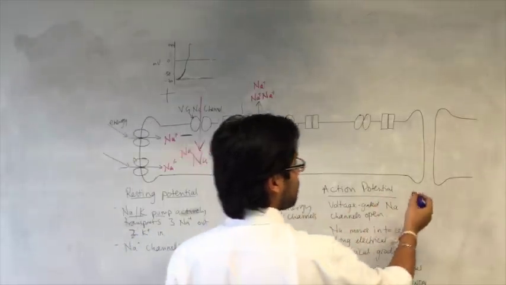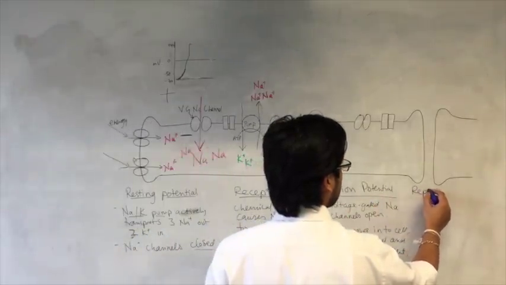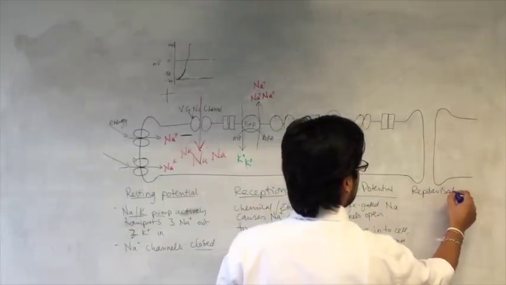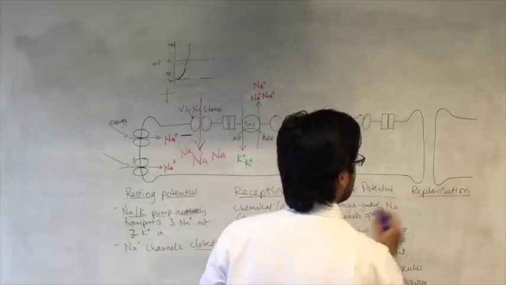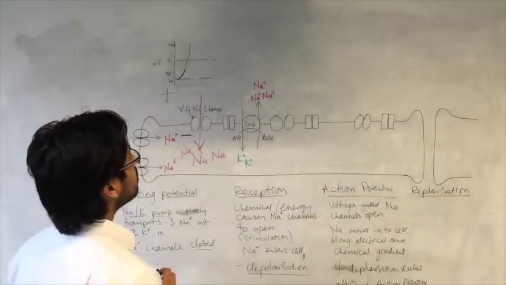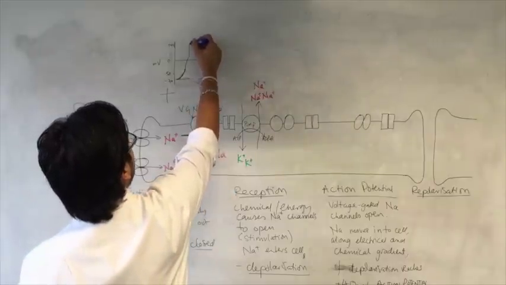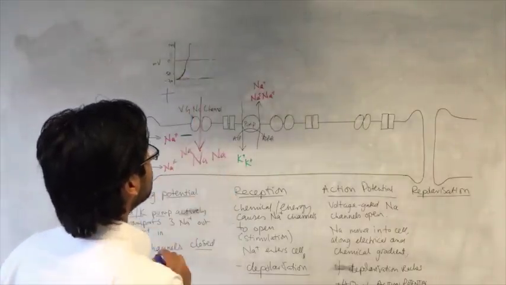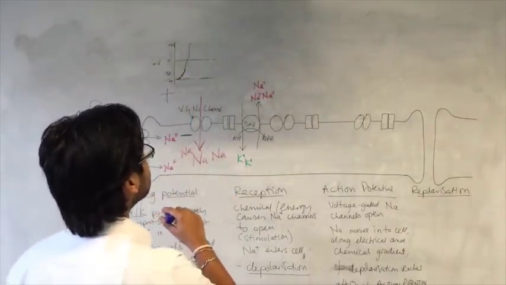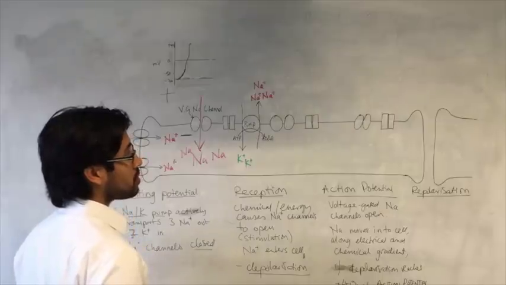This is called the repolarization stage. Right at the top of the action potential, we've reached plus 40 millivolts. That's when potassium channels open.